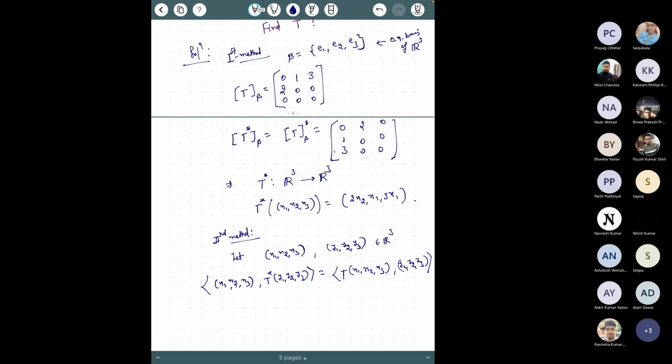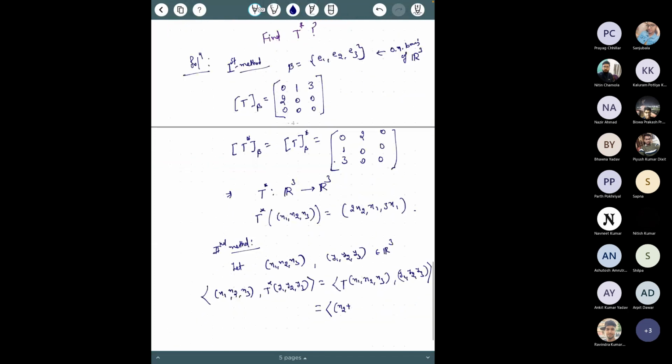What does it mean? We know T of x1, x2, x3 from the definition of T: it is x2, x2 plus 3x3, then 2x1, 0. And then y1, y2, y3 you can write as it is.